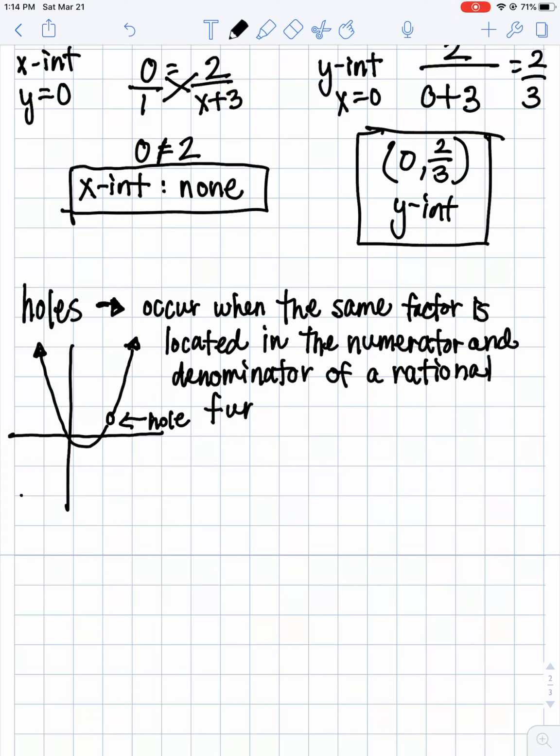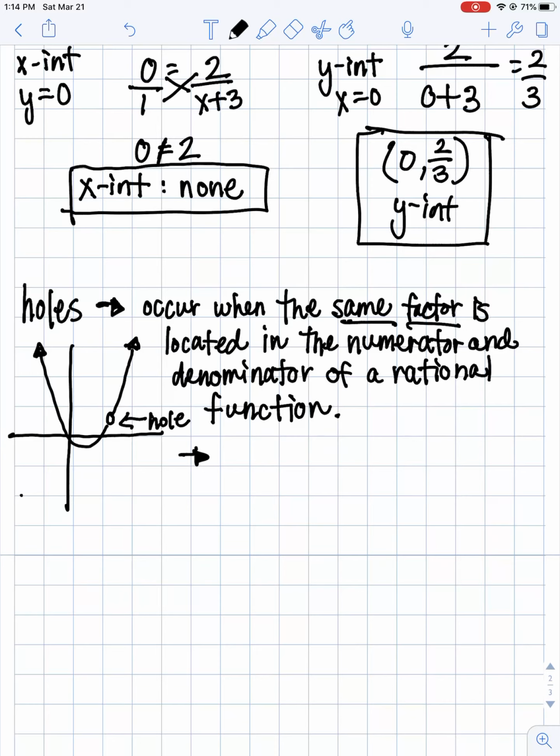Okay? And so they're very, very rare. Like holes are very, very rare. Why are they very, very rare? Because the same factor has to be located in the numerator and in the denominator. So that's why you might have gotten out of high school without ever even hearing about them.